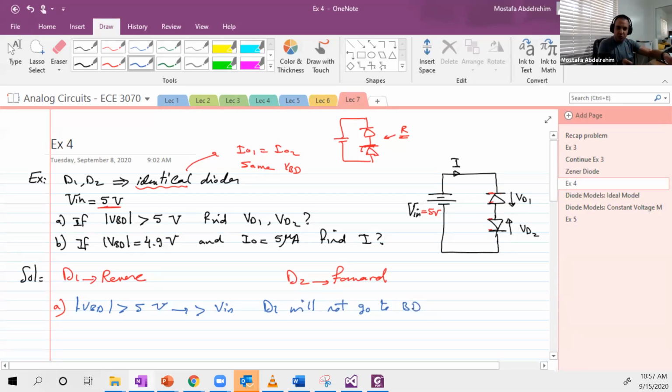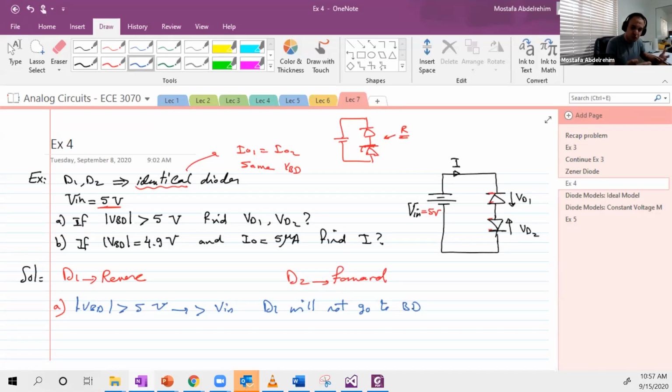We will assume it based on common sense, and we will see afterwards, based on the numbers that we get, that this is a correct assumption.